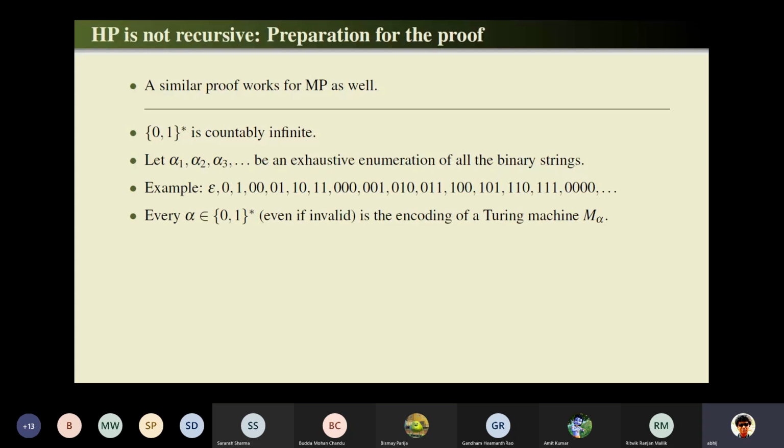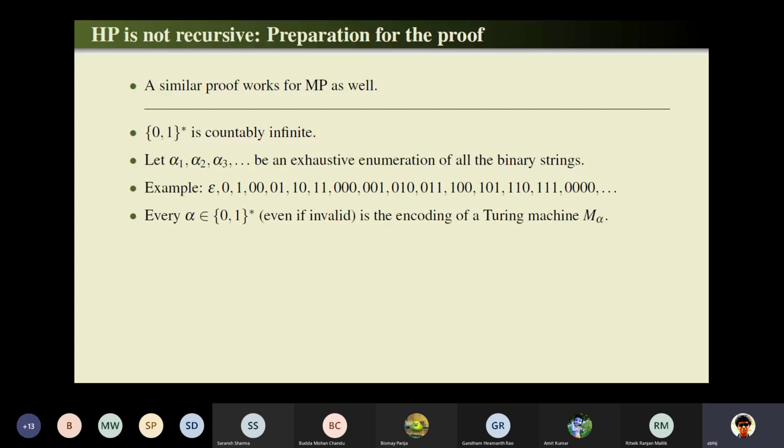Now, given any such string alpha, this stands for a Turing machine, even when it is invalid by our convention. Let us call that machine M subscript alpha. If it is a valid encoding, it is actually a machine. Otherwise, it's that particular machine which immediately rejects and halts.